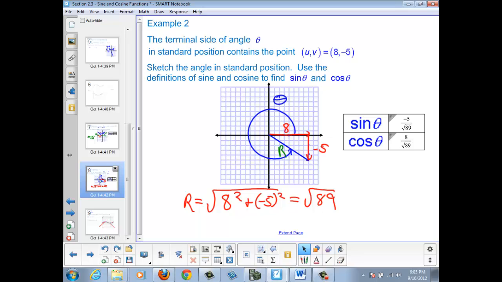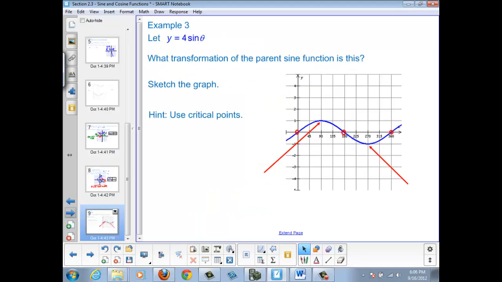Our last example, we're going to create a new graph, y equals 4 sine theta. And we want to know what transformation of the parent sine function this is. Well, by the parent function, we mean the basic sine theta graph. So what we did to y equals sine theta was we multiplied it by 4.